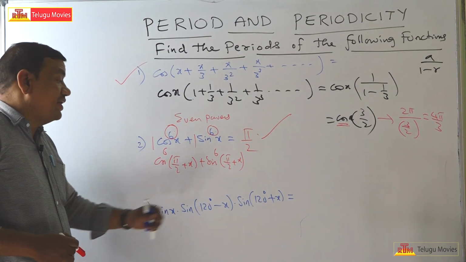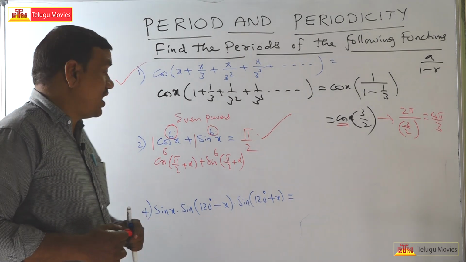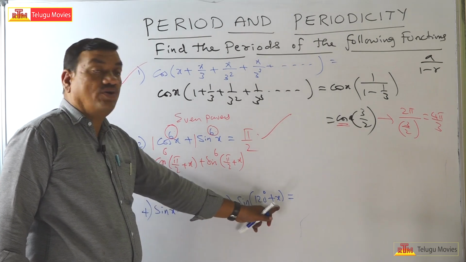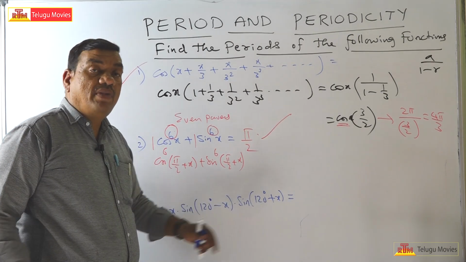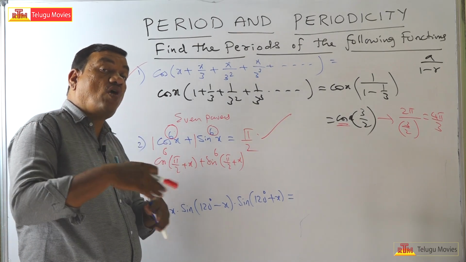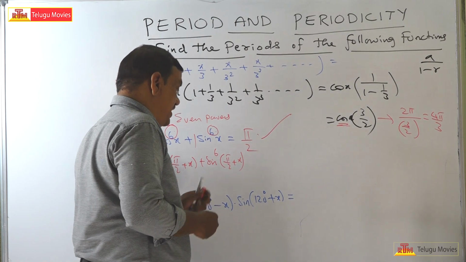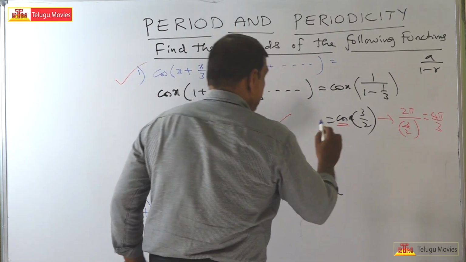Okay. Now, coming to this type of trigonometric functions, how to find the period? We are given sin x into sin 120 minus x into sin 120 plus x. Here it may be 60, 120, 240, 300, whatever the angle may be, its value is 1 by 4 sin 3x.